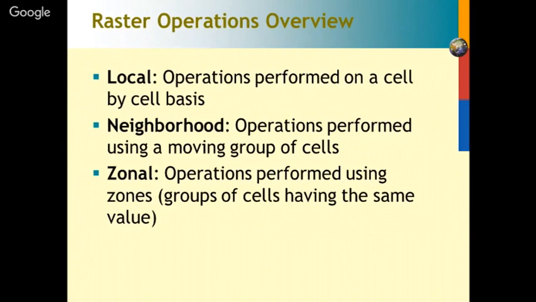Then there are also zone-specific operations. A zone-specific operation is on different grid points belonging to the same class, and the operation has to be performed in those areas only. Like you may have a raster map generated from satellite imagery after doing a classification.